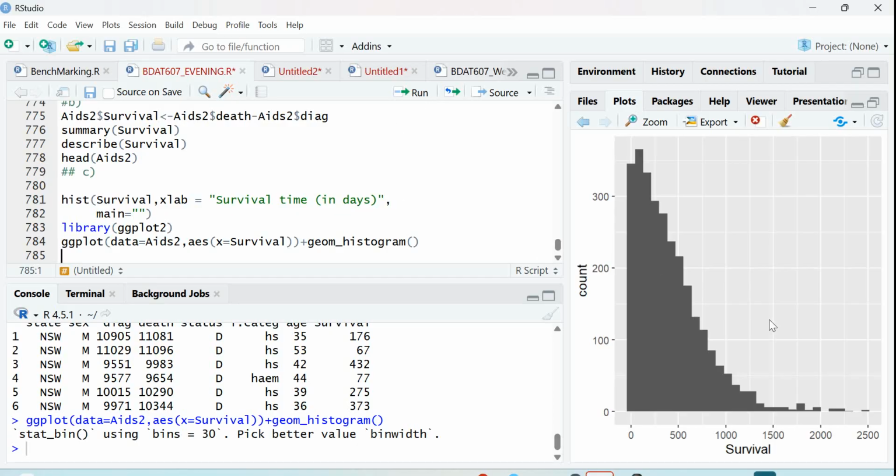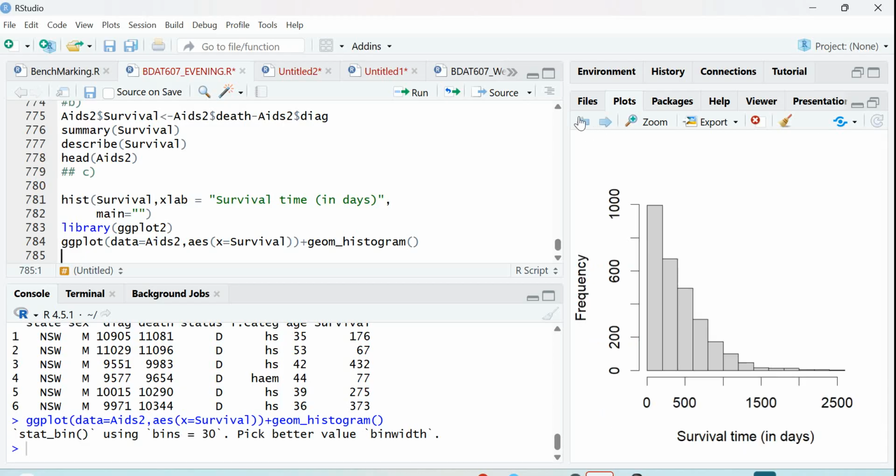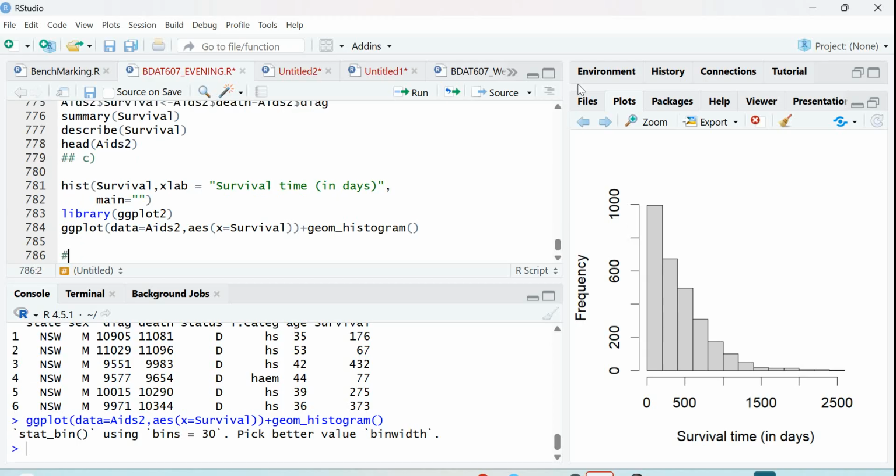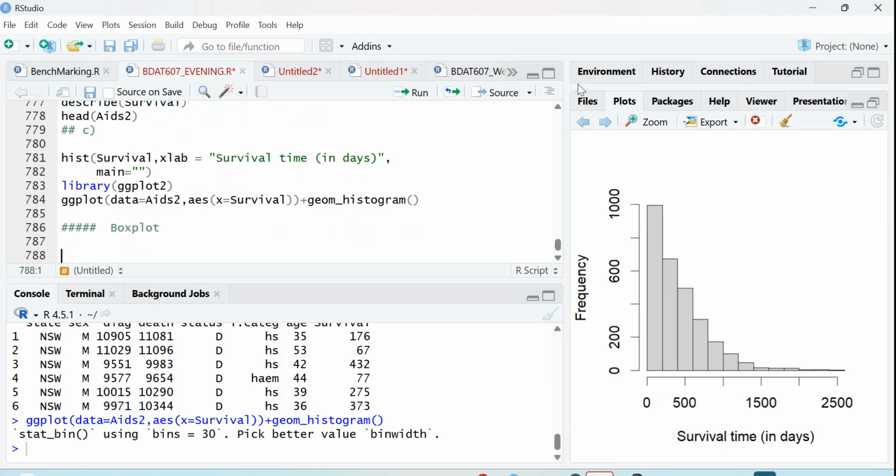Okay, but what can you say now about the histogram? Right skewed. So similarly, we can also look at box plots.